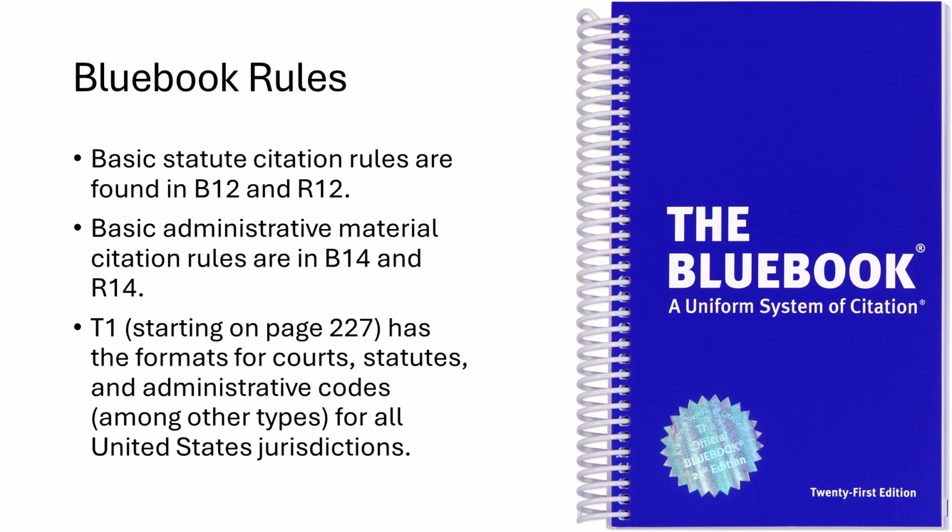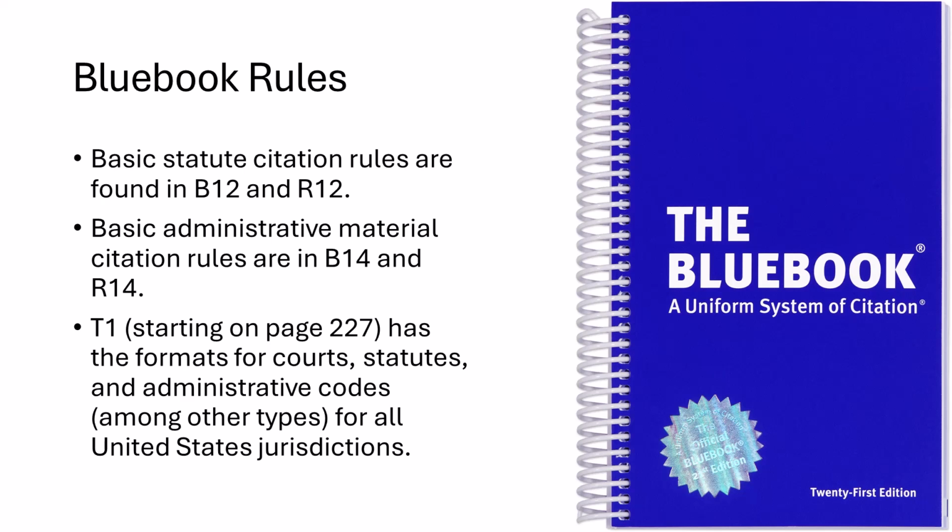The same goes for administrative materials, for regulations, for things in registers. You will find all of the formats in Rule 14, whether in the white pages or in the blue pages. A lot of the time, you will have to piece them together from Rule 14 and from what you see in Table 1.